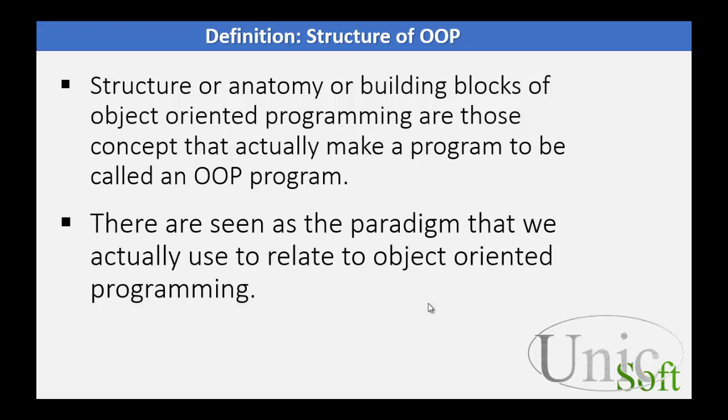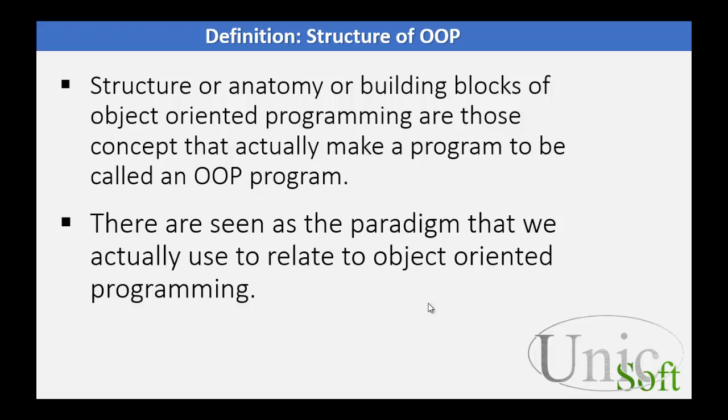They are seen as a paradigm, as a pathway, as a way, or as a model for us to actually relate to object-oriented programming. That is what we term the structure.